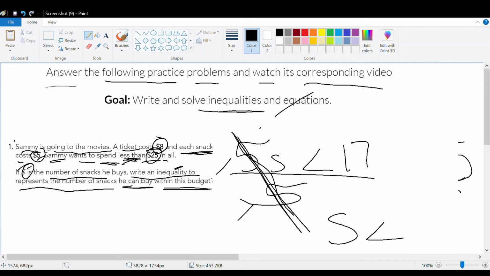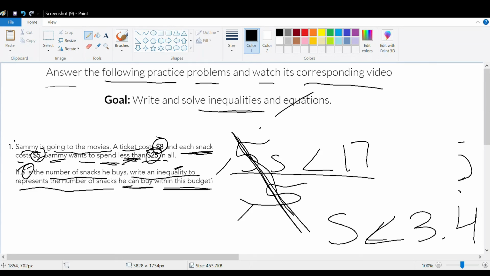We cannot simplify that any more, so we can write it as 17 over 5. But since we're talking in monetary value, it's more appropriate to write this in a decimal. So we'll do s is less than 3.4.